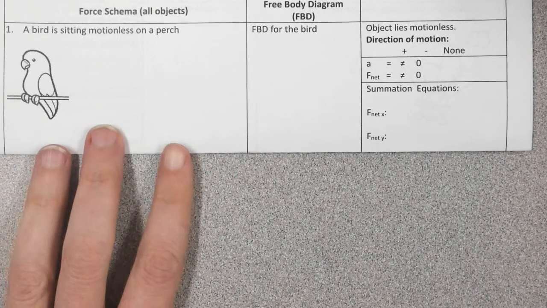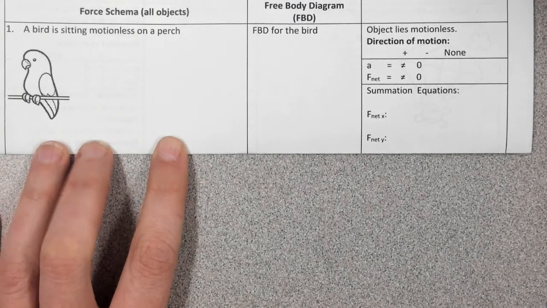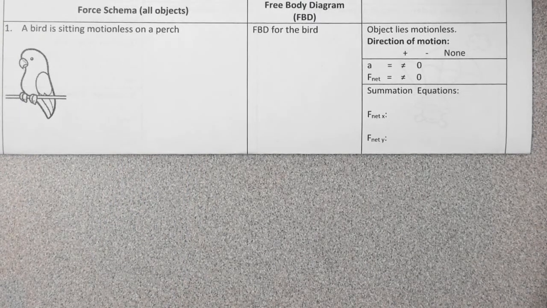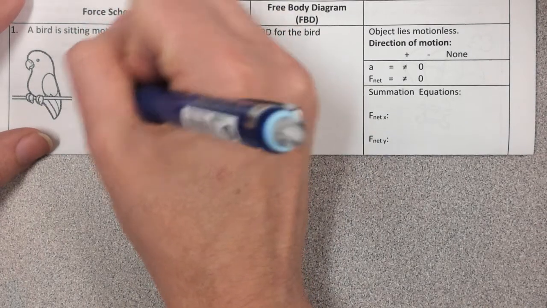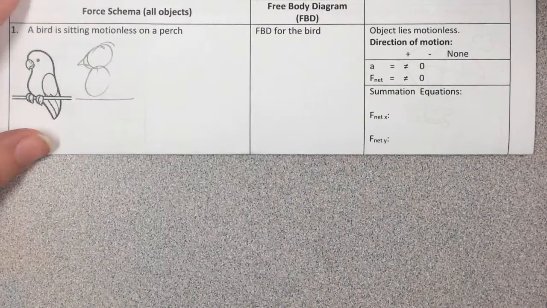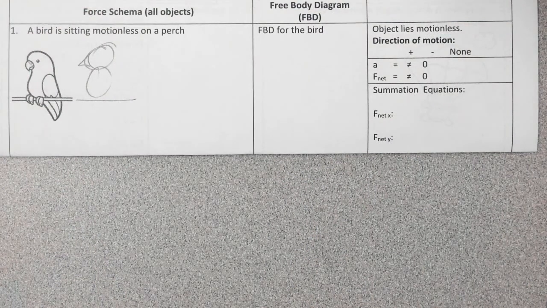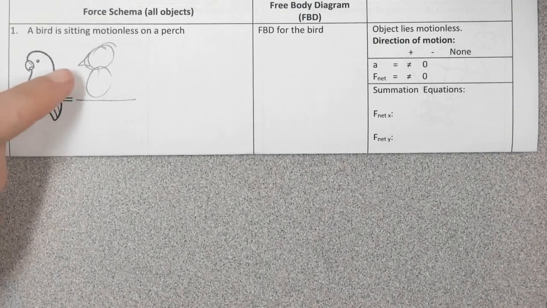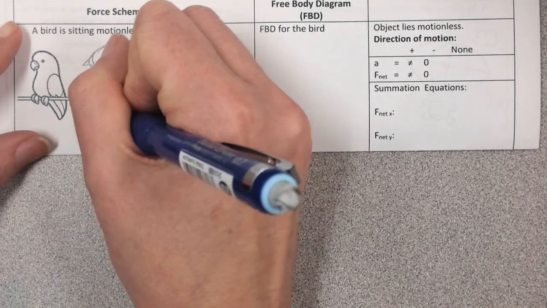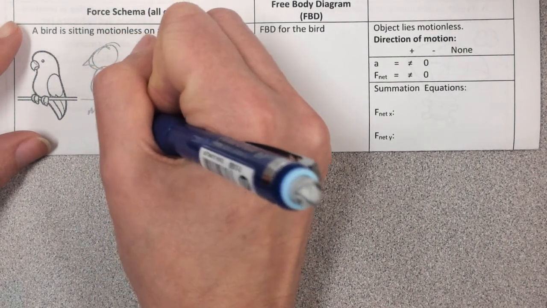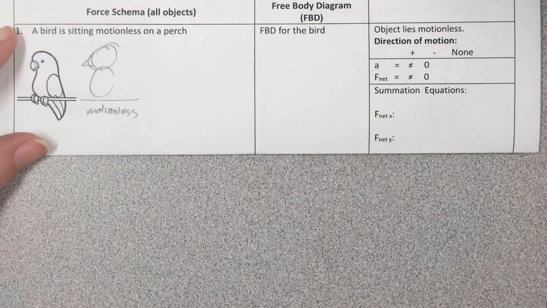If you don't have a printer to print this out, you don't have to print it out, but I would recommend making a little sketch of the picture. It's not too hard. You draw a little bird, you write he's motionless. That would be some important information.